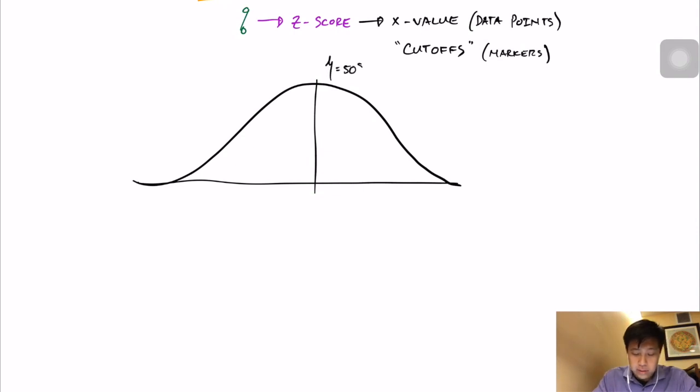What happens is that we're going to draw these dotted lines that represent the middle 68%. Now that's relatively straightforward.